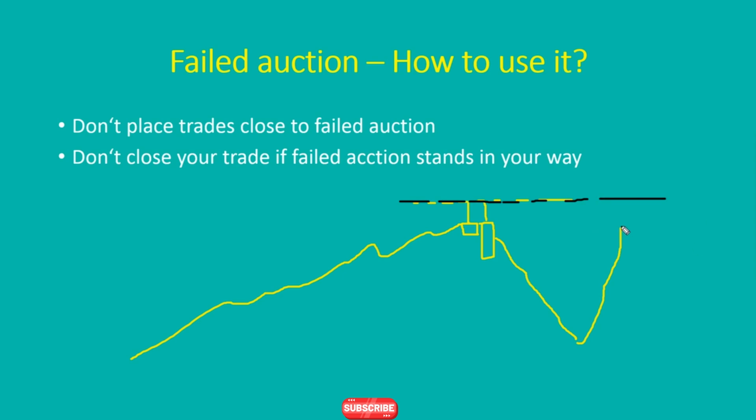So it's very likely that the price will shoot past it. So it wouldn't be really clever to try and place shorts somewhere from this area close to the failed auction, right? That wouldn't be really clever because the price tends to create a successful auction.